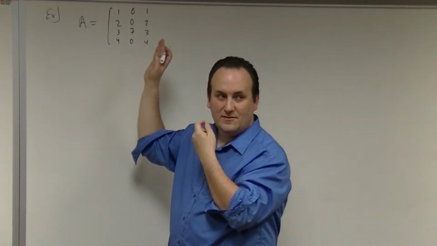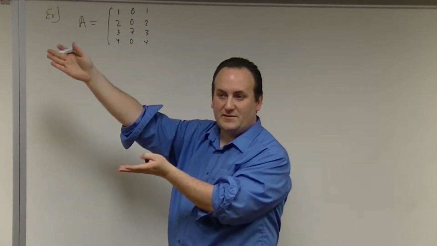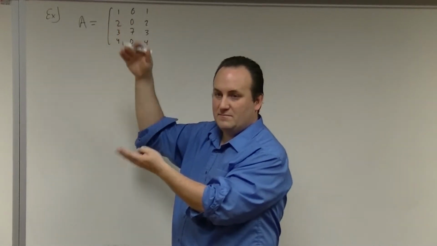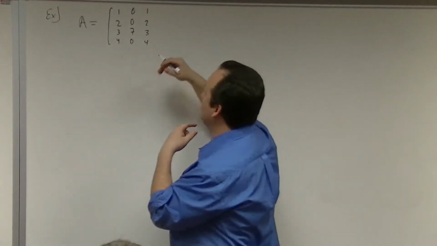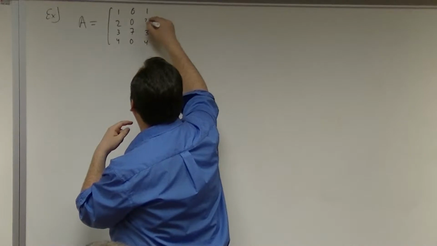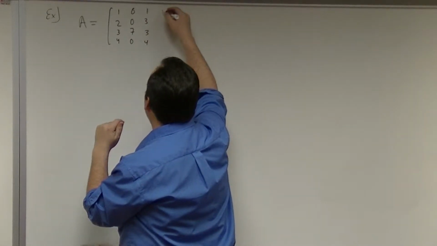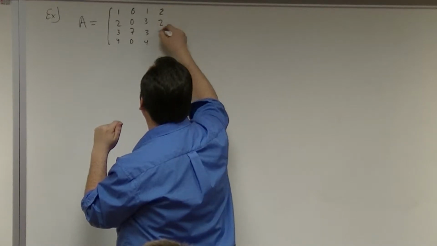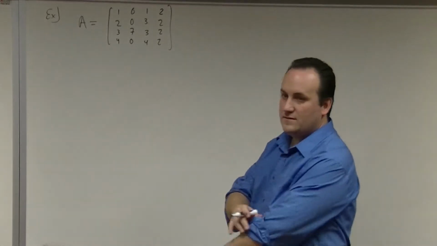It was a criterion for invertibility: if you have a repeated row or column, game over, 0. So let's make it interesting. Let's make this a 3, and I guess if I just do 2, 2, 2, 2, unless I'm very unlucky, that should work.